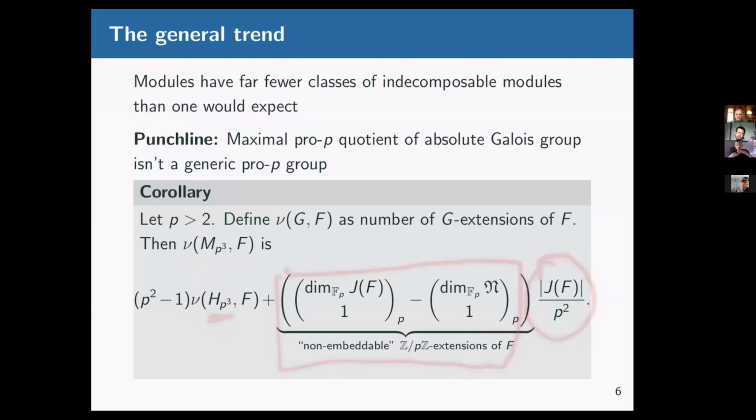So you're not allowed to go from this cyclic thing to a higher cyclic thing, essentially. So again, I'm not so interested in exploring what this corollary means precisely, other than to say that the module decompositions that we've been able to calculate so far put a lot of restrictions on the information that we get about Galois groups occurring over a given base field.